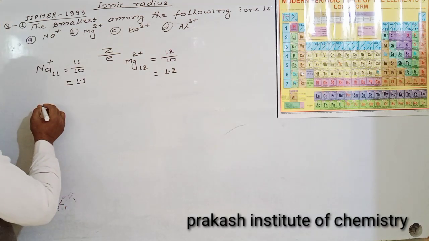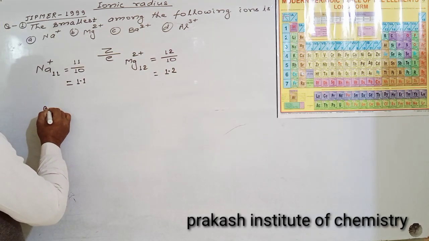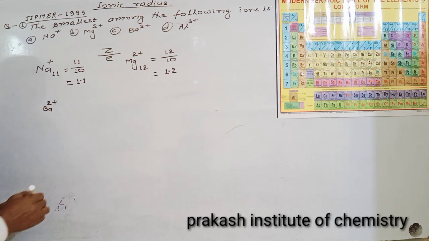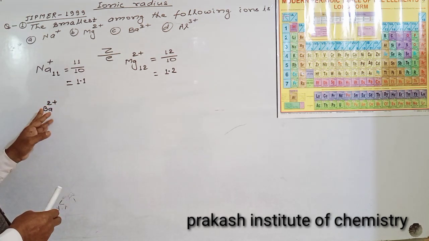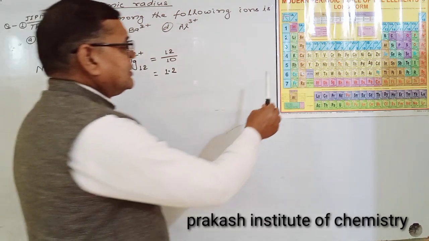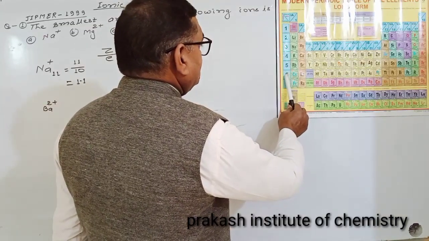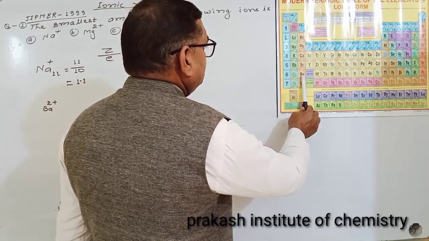Now we write Ba 2 positive charge. We know that barium is a 6th period atom.